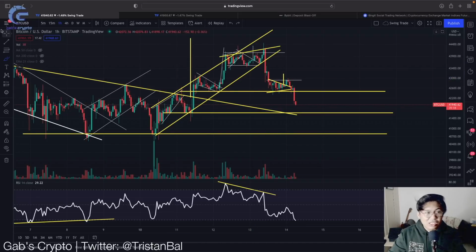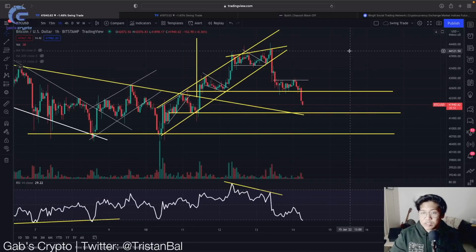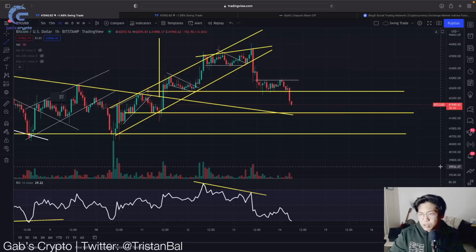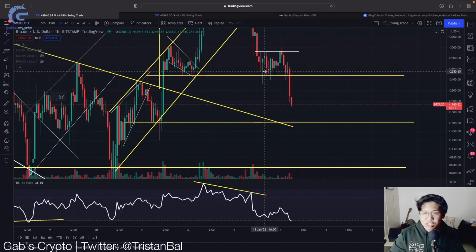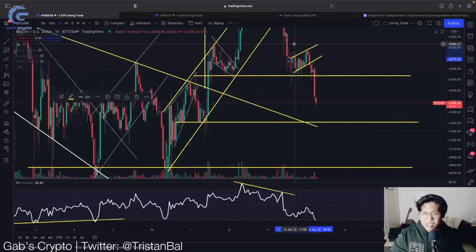Let's delete some of the previous analysis because it's getting cluttered. So look at this right now. This is the Bitcoin price. Earlier, the moment we had resistance there, if you zoom in closely, you could say that this was a support area. So if that was a support area, let's plot this as my resistance area.